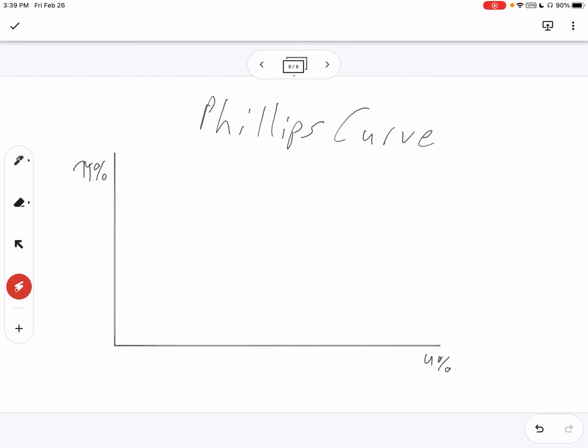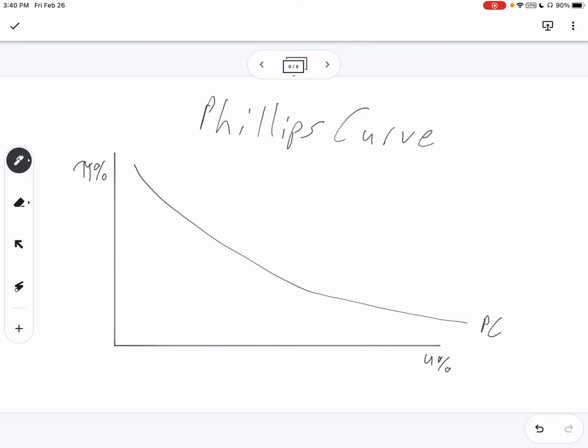Okay, now what happened is the guy named Phillips, I think it was A.W. Phillips, he was actually a New Zealand economist, and he started looking at New Zealand, and then later we saw the same sort of phenomenon happening in Great Britain and in the US. And what they found was that there was an inverse relationship between the inflation rate and the unemployment rate.